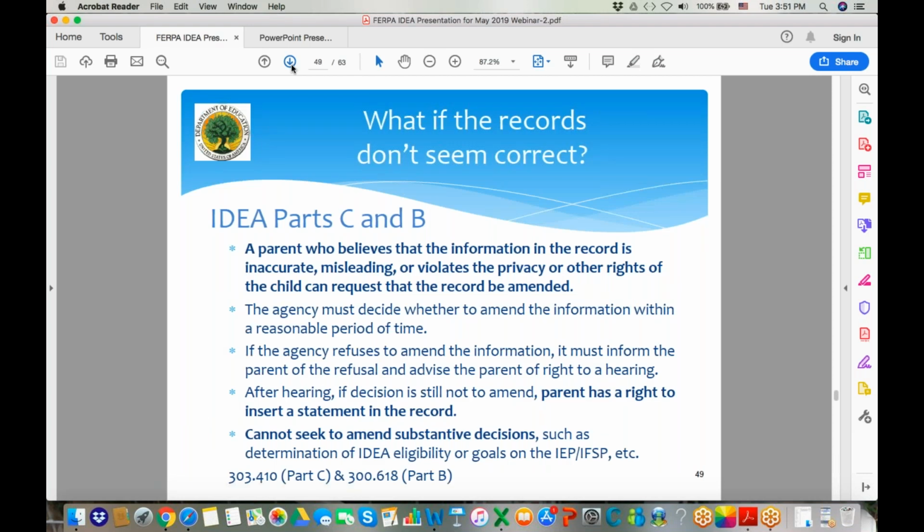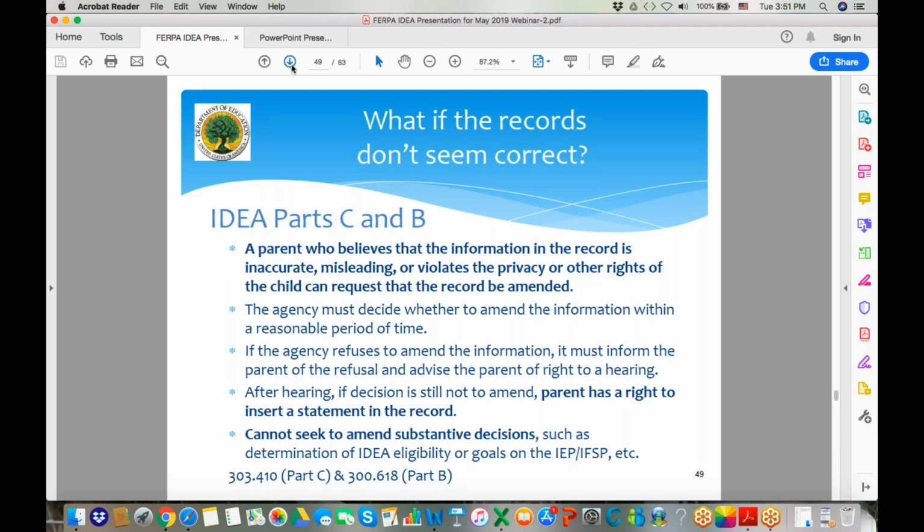So both under IDEA Parts C and B, a parent who believes that the information in their child's record is inaccurate, misleading, or violates the privacy or other rights of the child can request that that record be amended. The agency must decide whether to amend the information within a reasonable period of time, and if the agency refuses to amend the information, it must inform the parent of that refusal and advise the parent that they have a right to a hearing.